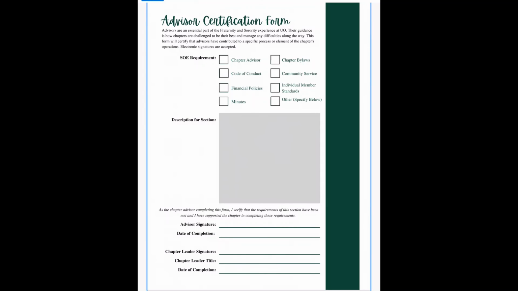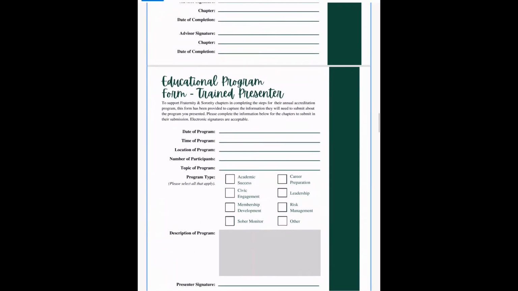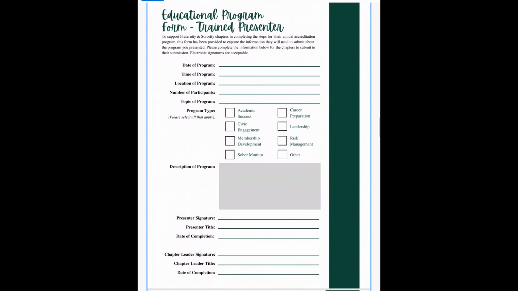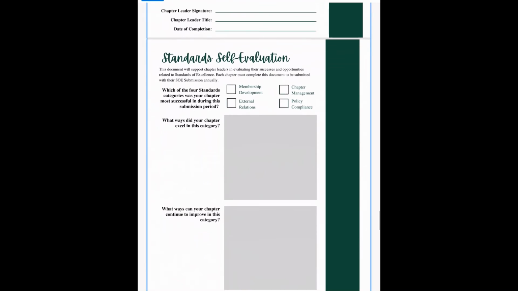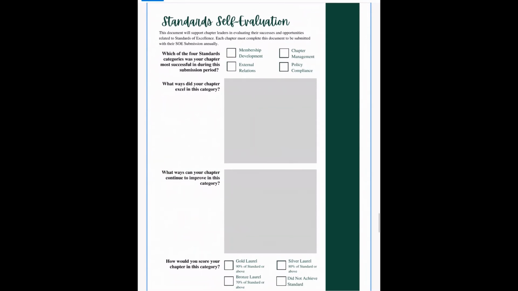The remaining forms are the Campus Activities Form, the Community Service and Philanthropy Worksheet, the Dry Social Form, the Educational Programs Form, the Faculty Staff Advisor Form, the Faculty Staff Programs Form, the Family and/or Alumni Activity Form, the Fire Drills Form, and the Standards of Excellence Self-Evaluation Form.